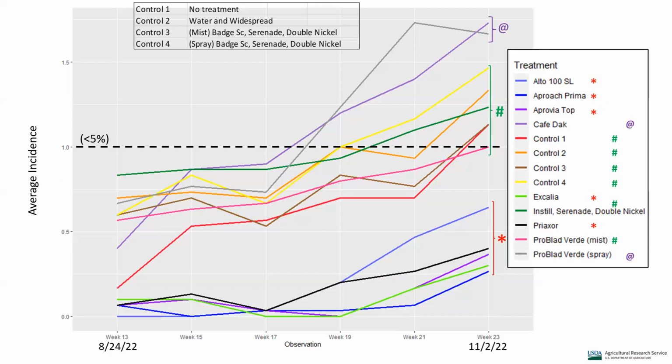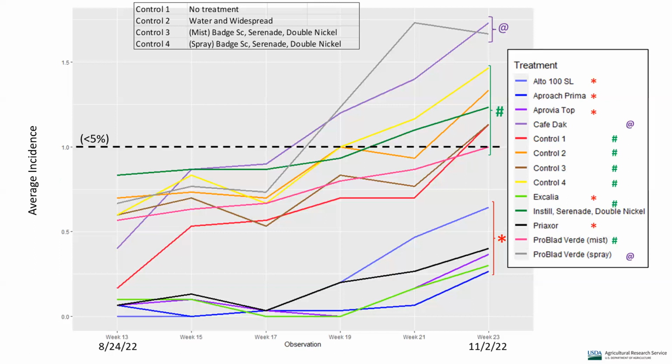Overall, incidence was quite low, but it did separate out into a few different groups, which I've tried to indicate with the red star, the green pound sign, and the purple up at top. Definitely the systemics and Preaxor limited incidence throughout the entire season.